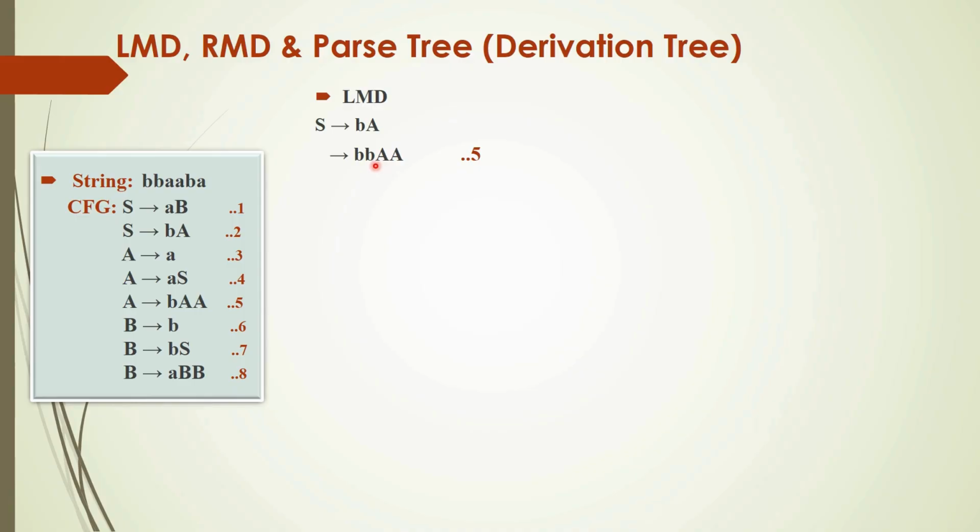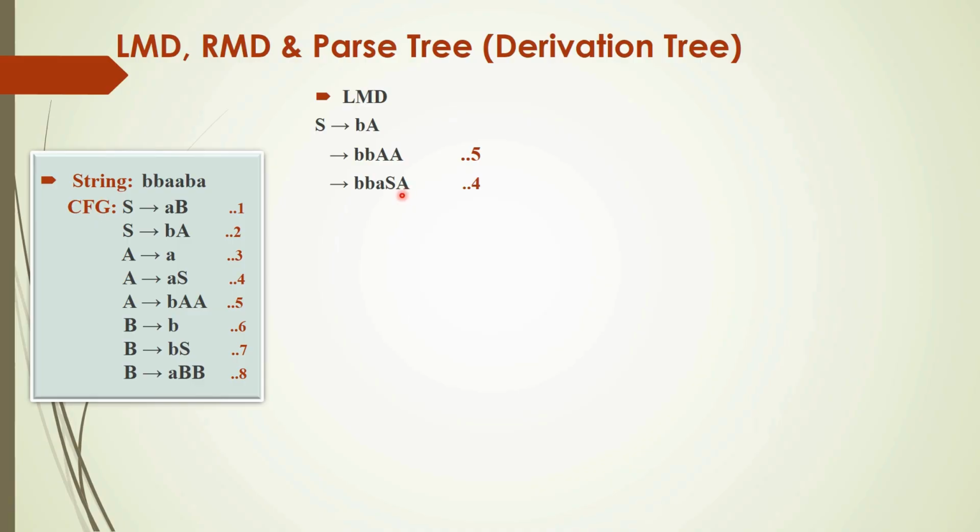Now I am going to substitute this A with the fourth equation, which is nothing but AS, because with the help of S I am able to generate ab, and this b is substituted to the b. So after this derivation my string becomes bbASa.